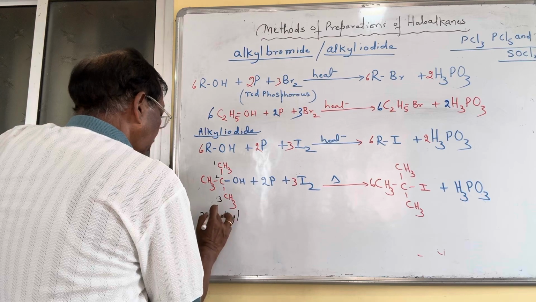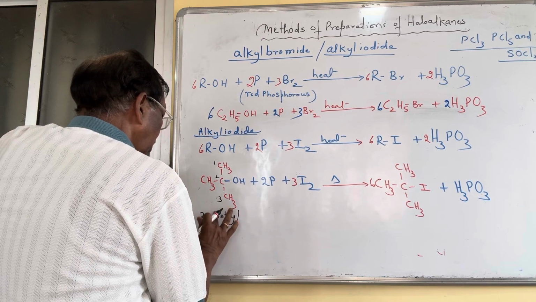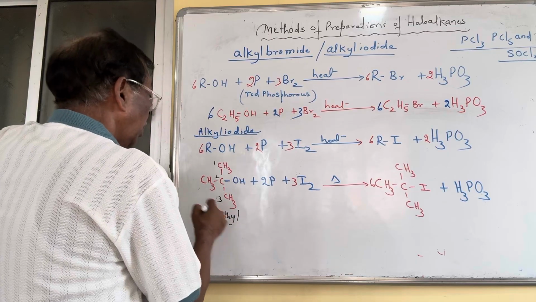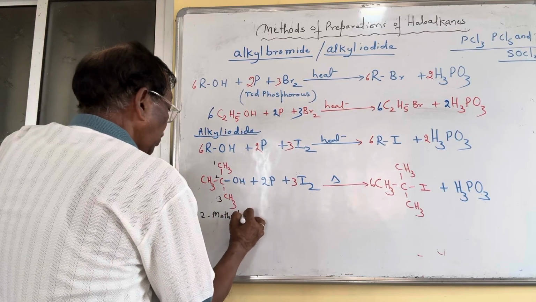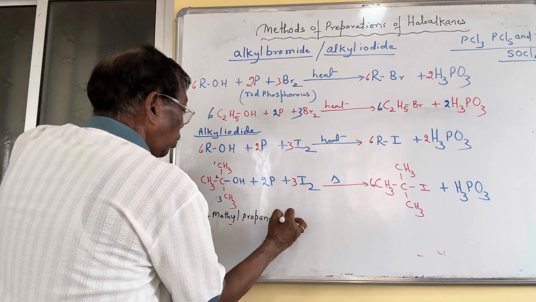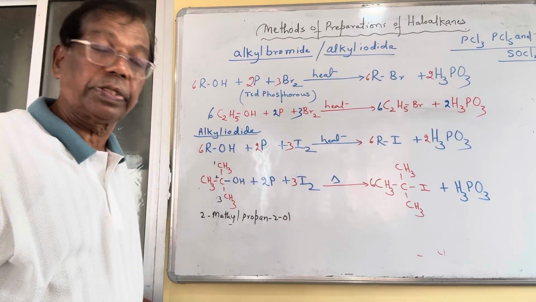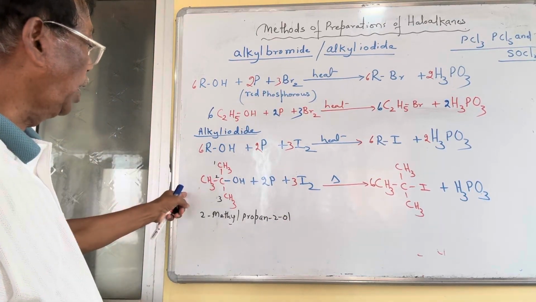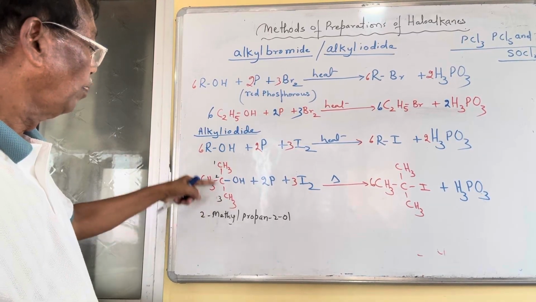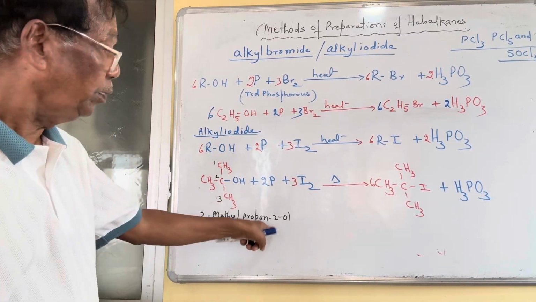You can write capital. 2-methyl. Alright. Then propan-2-ol. See what I say. 2-methyl propan-2-ol, why? Because I am getting only 3 carbons in the chain. Propane. So therefore propan-2-ol.